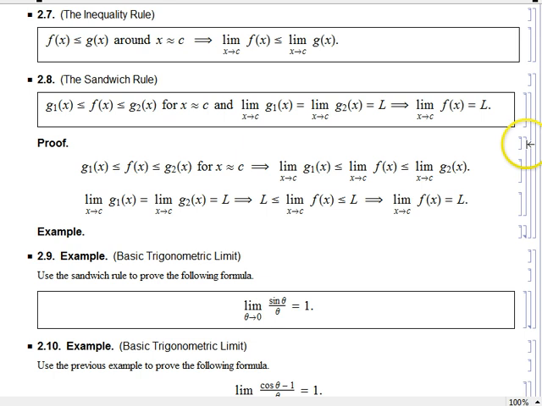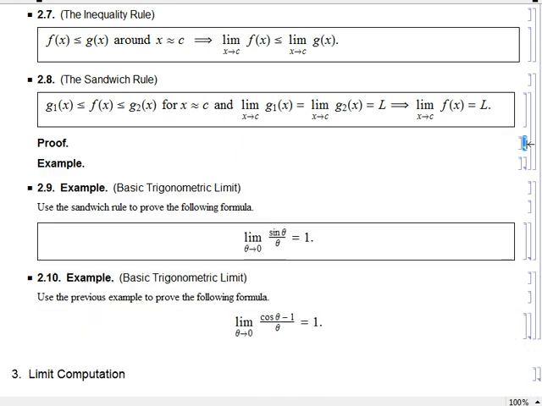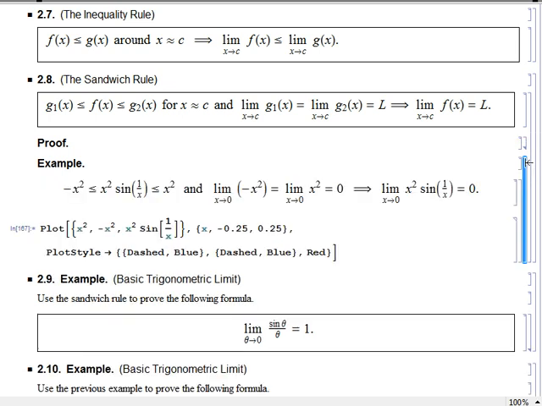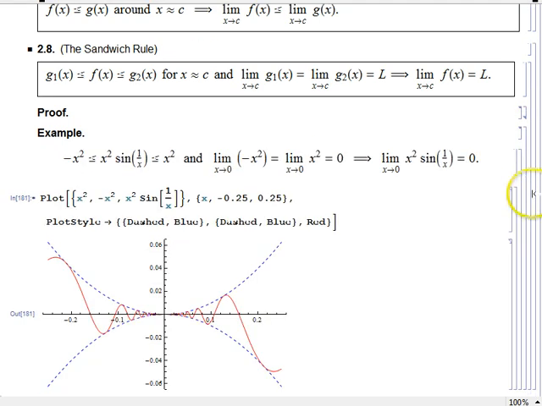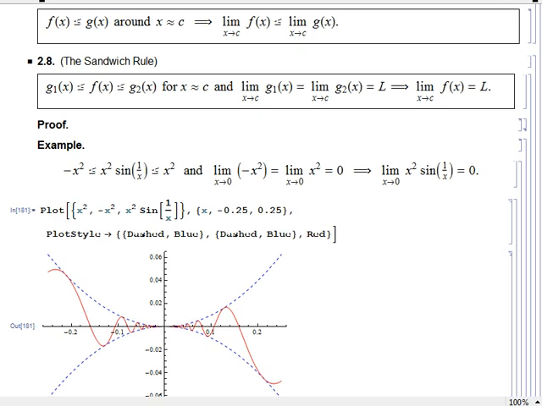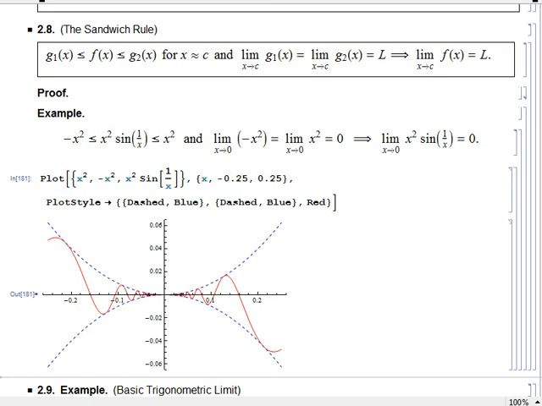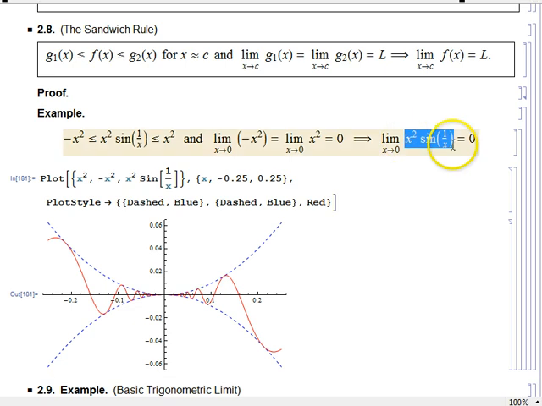If you're not convinced by the proof, or if you're a little bit uncomfortable with this, then this kind of visualization will help. Here's an example of this sandwich rule in action as a visualization. We have a badly behaving function here, x squared times sine of 1 over x. This graph is really badly behaving.